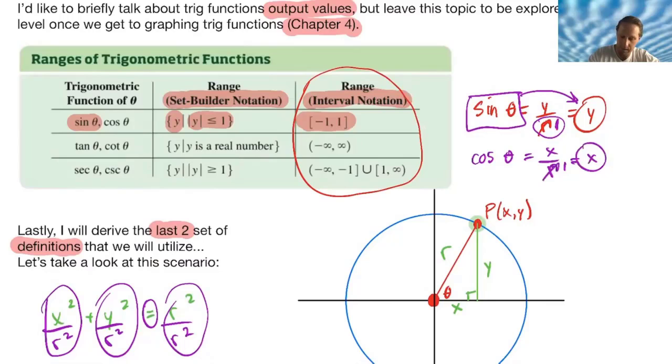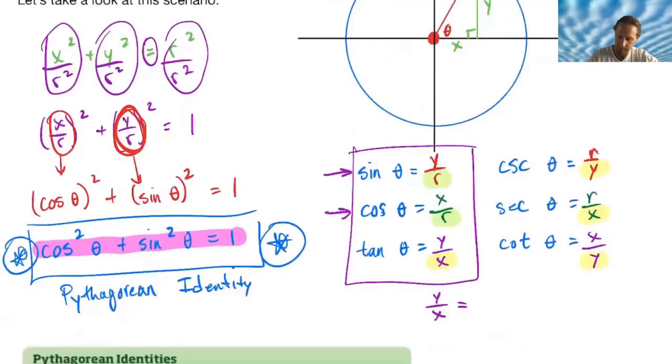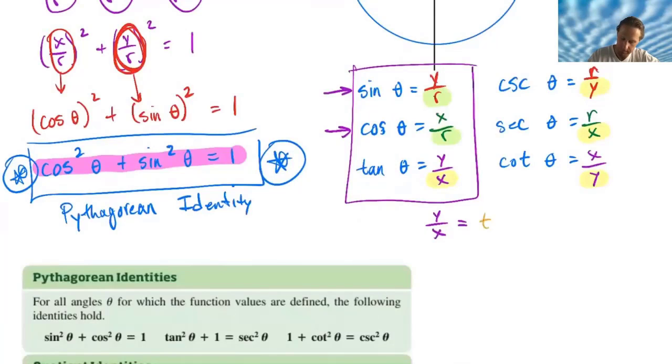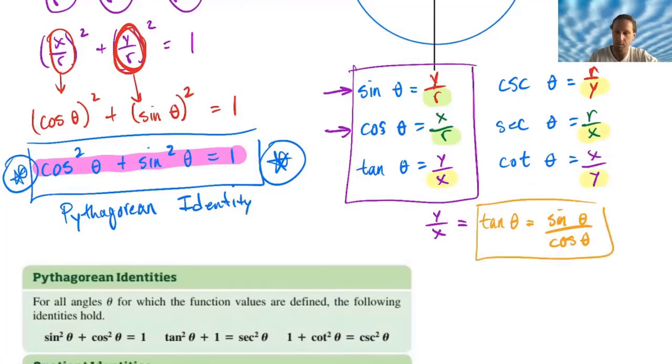And therefore, if I simply just put y over x, I could also put sine over cosine, since that's what they're equivalent to. And we just said that y over x is tangent. Thus, we can then also say that tangent is equivalent to sine of the same angle over cosine of the same angle, theta. So that's another one that we will utilize.